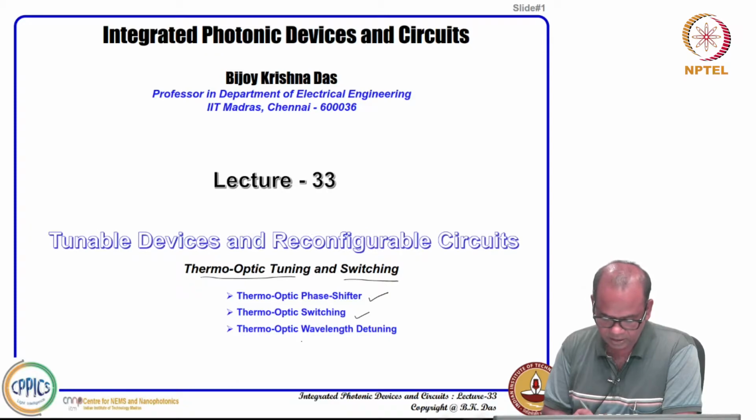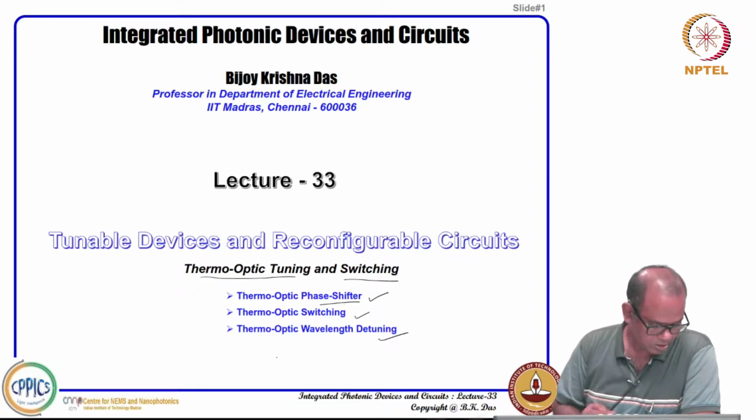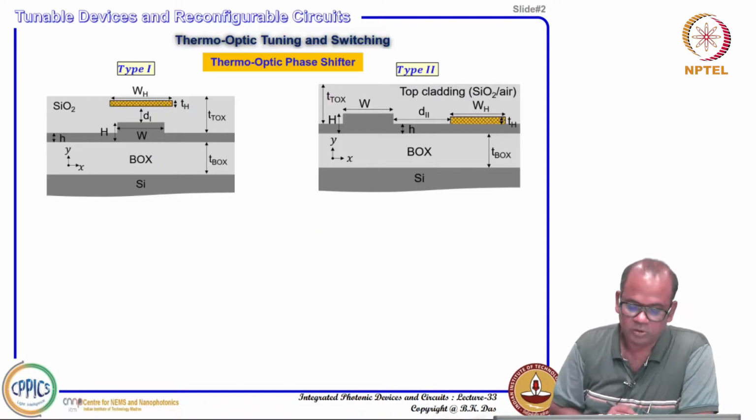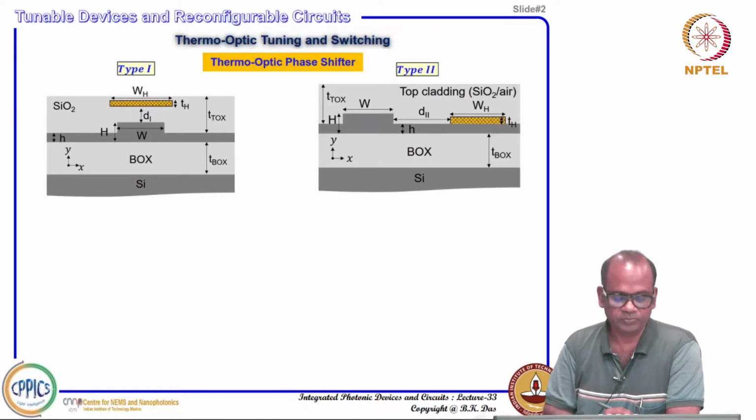And finally, again using the same phase shifters, we can also reconfigure resonant devices like micro ring resonators to operate at different wavelengths. That is what we call Thermo-Optic wavelength detuning. So, first, Thermo-Optic phase shifters.